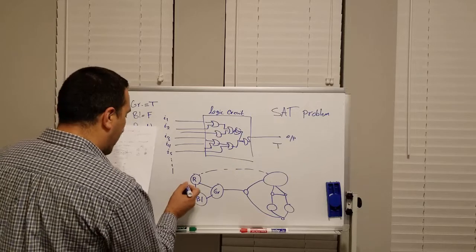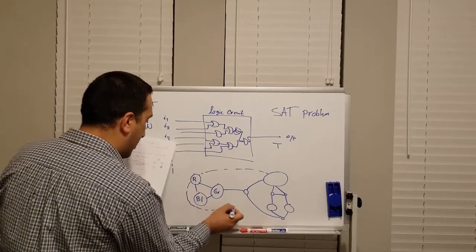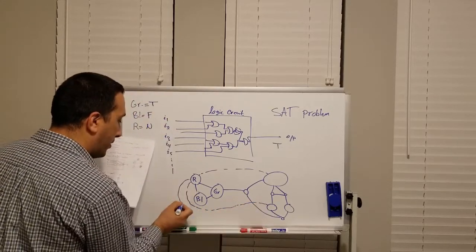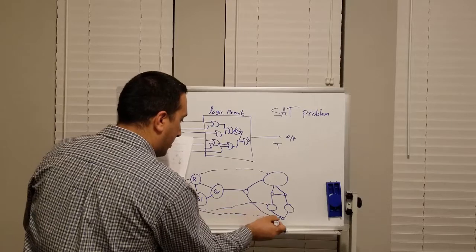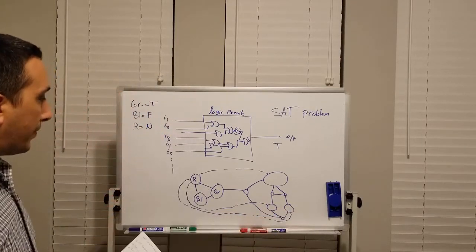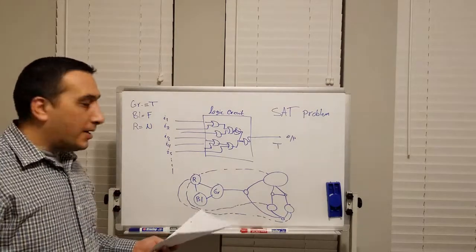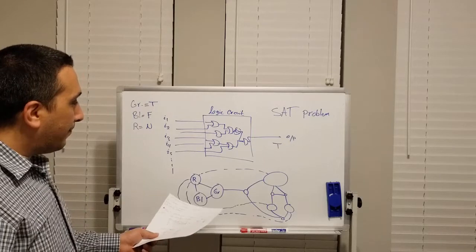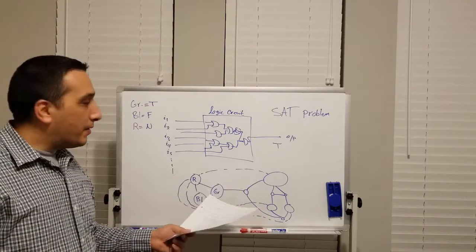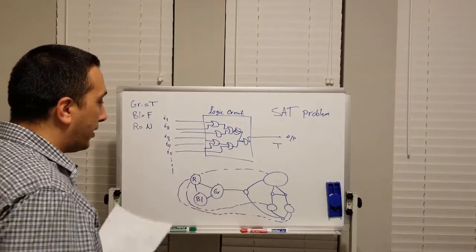And we have another two connections from here to here, and from here to here. All right. So this diagram, believe it or not, actually behaves like an OR function, like an OR logic.